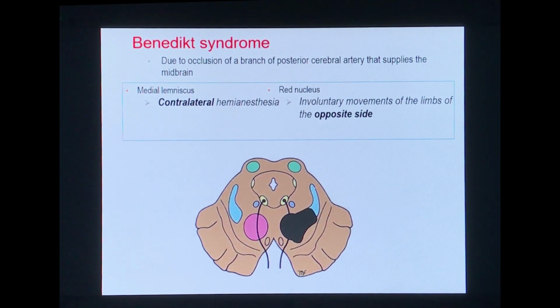You can add on here the medial lemniscus, and also part of the spinal lemniscus. So the patient might have contralateral hemianesthesia, that is loss of pain, temperature, proprioception, 2-point discrimination, fine touch on the trunk and the limbs on the contralateral side. This is how you correlate different conditions with normal anatomy knowledge.